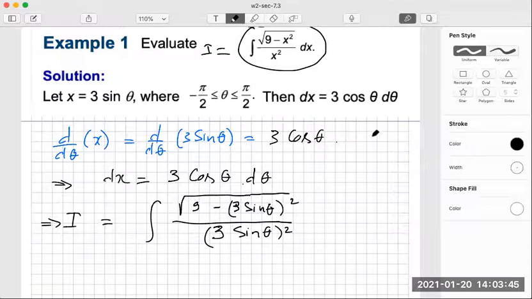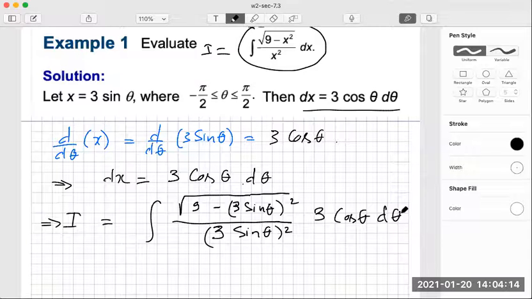And dx, we write it in terms of d theta. So, do you have any question up to this point? Is everything clear? Very good. Okay.